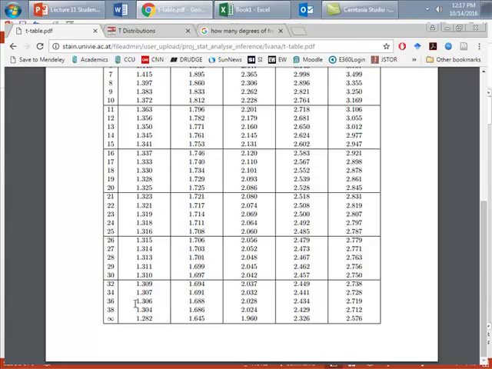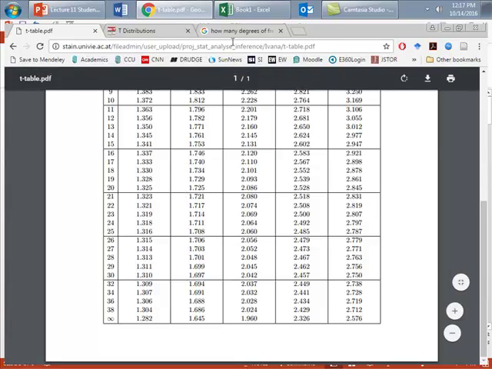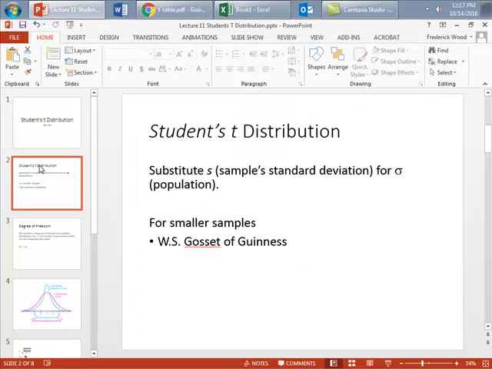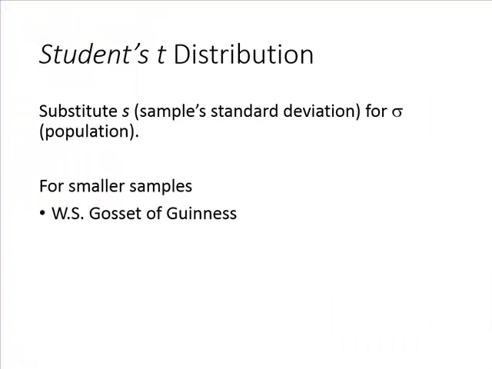So we have a new distribution. It's very, very similar to the normal distribution. And when we use it, we're just going to have a couple of small changes in how we use it and how we calculate statistics for it.